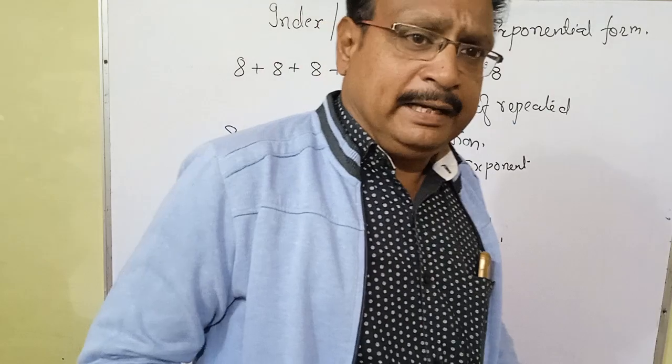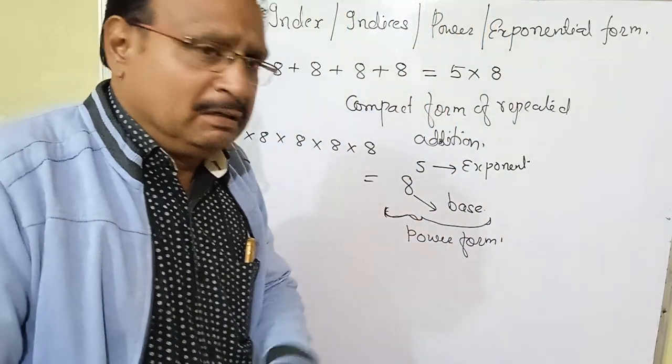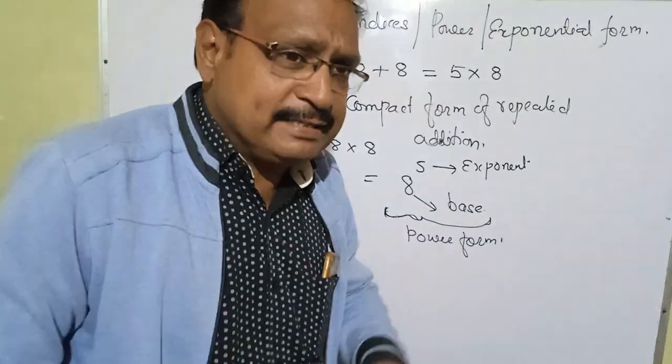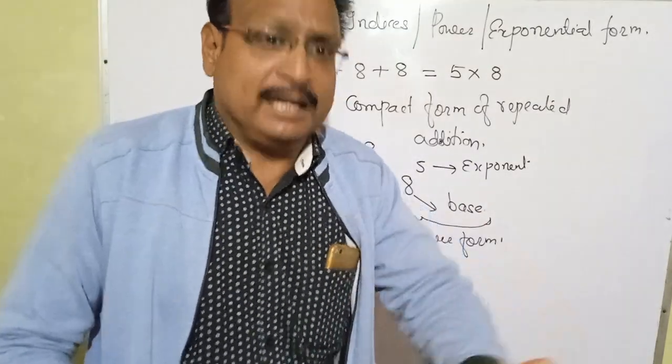So it is very clear that a number in this exponential form indicates how many times a number is multiplied by itself.